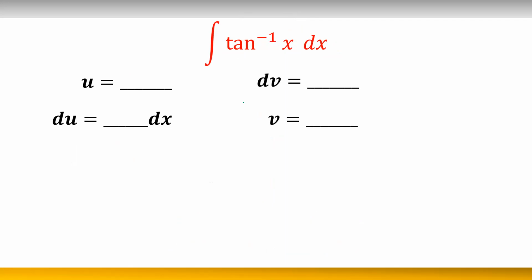Of course, it's not just the x, kundi itong buo na to para integral of u dv. So, our u is arctan of x. Yan. Derivative of that is 1 over 1 plus x squared. So, ang dv natin is dx. Ang v natin is just x.